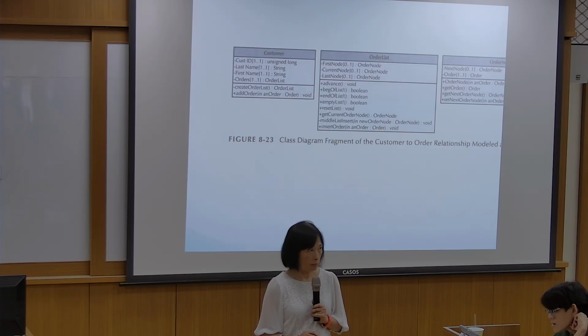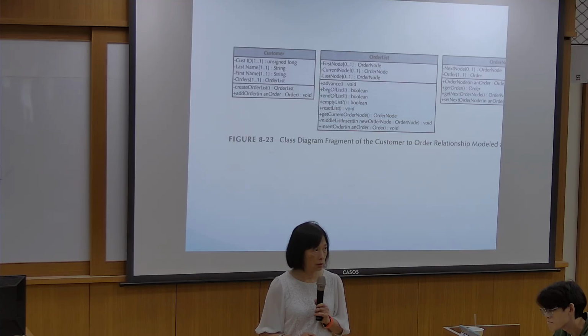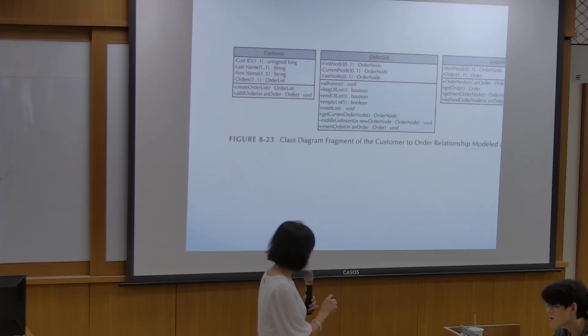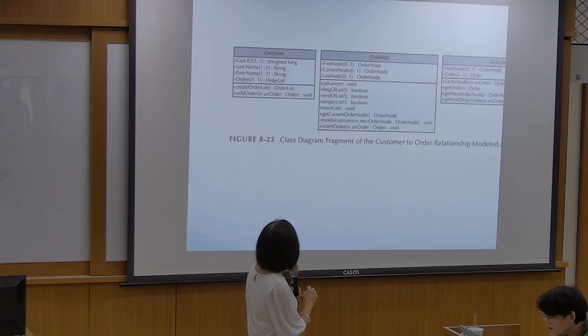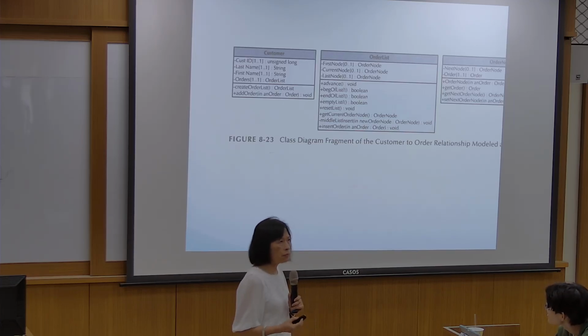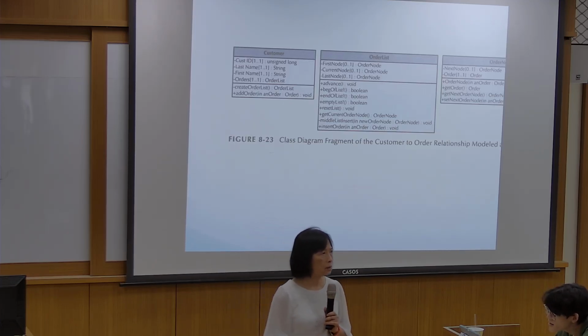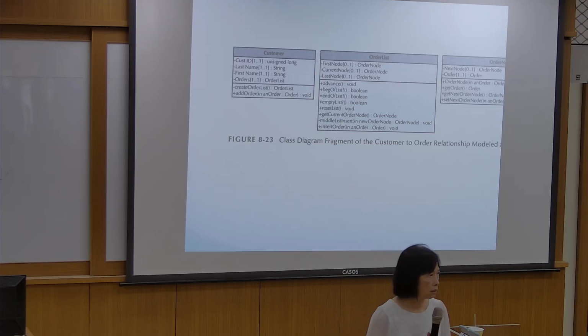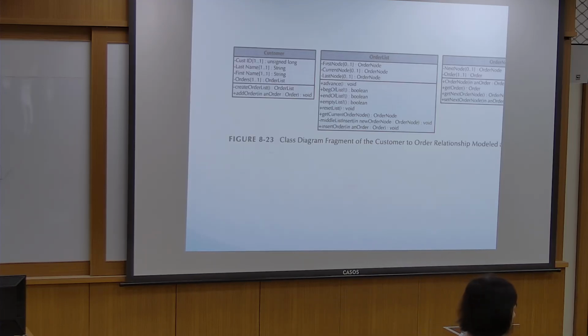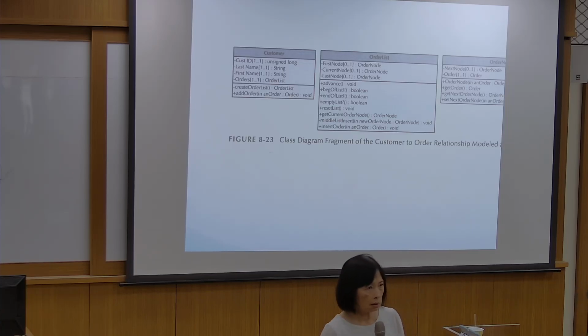Orders. Orders or order list? Orders. Yes. What is orders? How come from orders you understand that? No, it's from I create order list. No. Yeah, I can give it a different name.